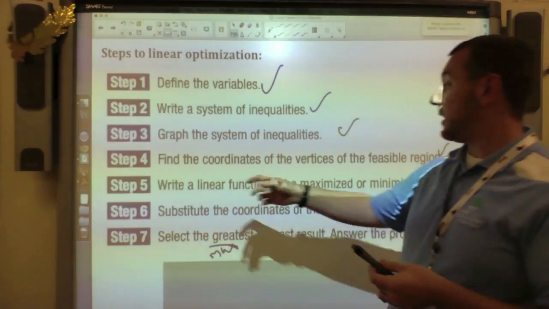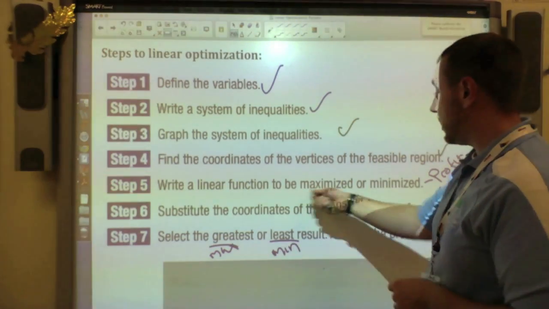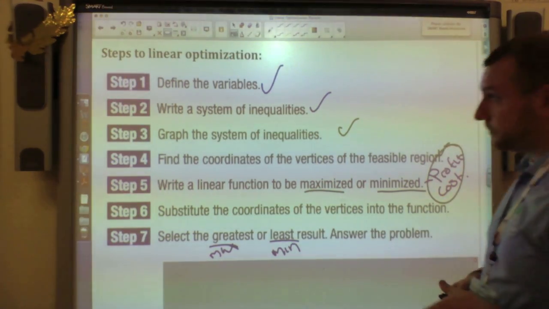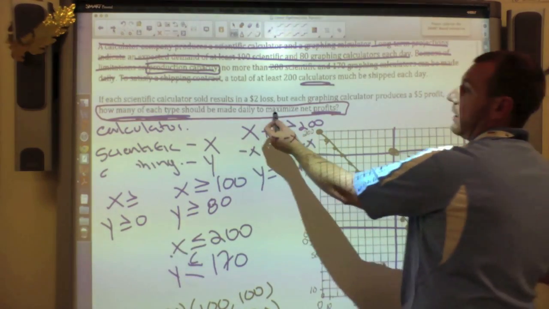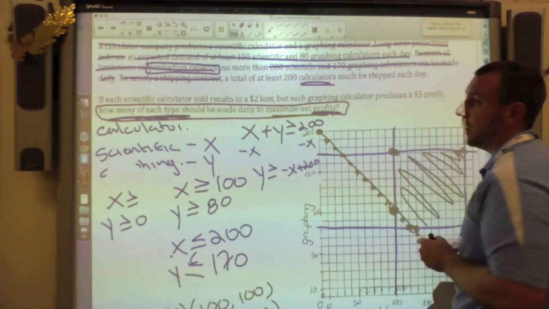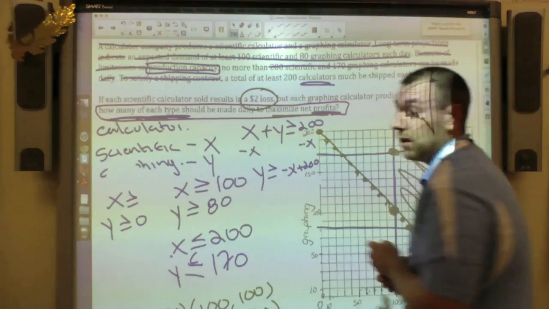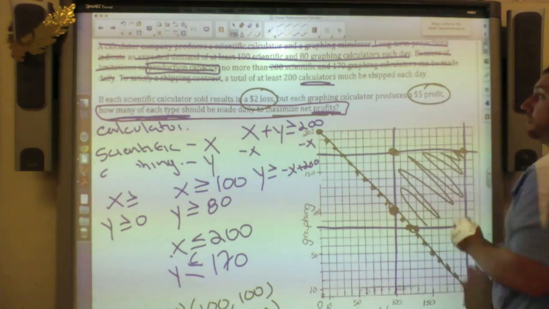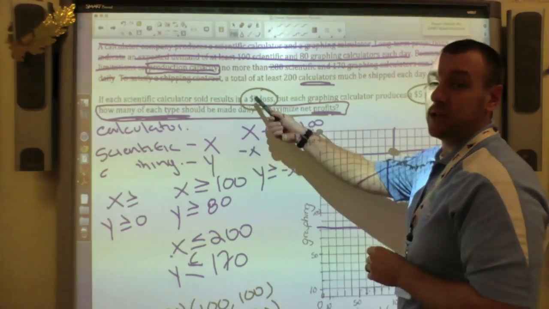Now I have to write a linear function to be maximized or minimized. So they use these words in here, and they also use profit and cost. So how do I maximize net profits? Well, scientific calculator sold results in a $2 loss, so I'm losing money, but graphing calculators produce a $5 profit. So if I'm losing money here, that 2's got to be negative.